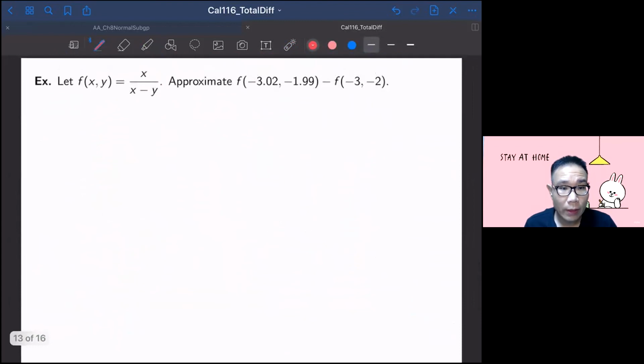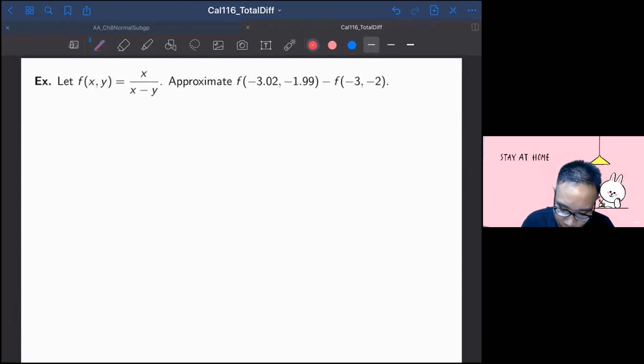The second one, again, we have f(x,y) equal to x over x minus y, and you would like to approximate the change from f(-3, -2) to f(-3.02, -1.99).